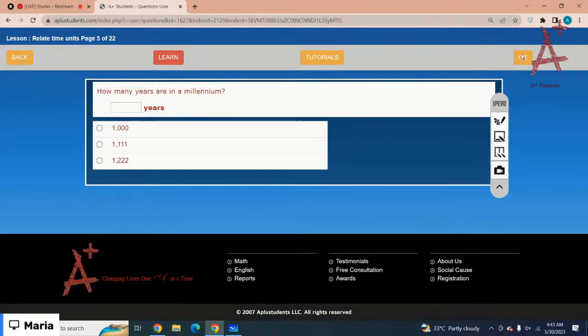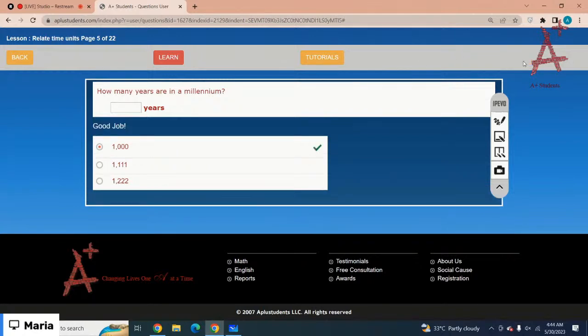How many years are in a millennium? In a millennium? 1000. Yes, it is 1000.